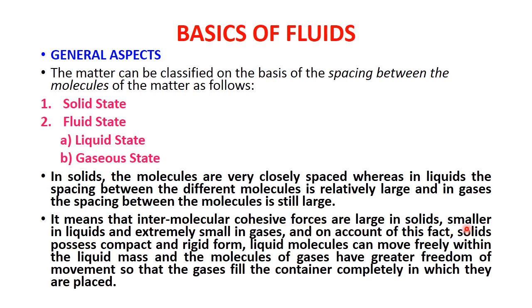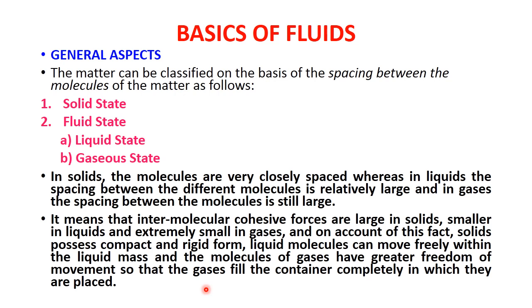It means that intermolecular cohesive forces are large in solids, smaller in liquids and extremely small in gases. On account of this fact, solids possess a compact and rigid form, liquid molecules can move freely within the liquid mass, and the molecules of gases have greater freedom of movement, so that gases fill the container completely in which they are placed. So basically, the three states of matter are differentiated only by their intermolecular cohesive forces.